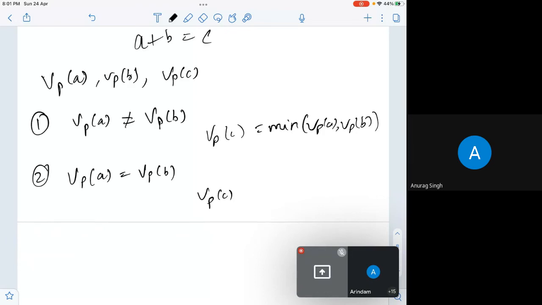Like if P is 2, then it becomes plus 1. That's not necessary, right? Like, 2 plus 254 is 256. This has VP 1. This has VP 1. What's V2 of this? 256 is 2 to the 8, so 8.